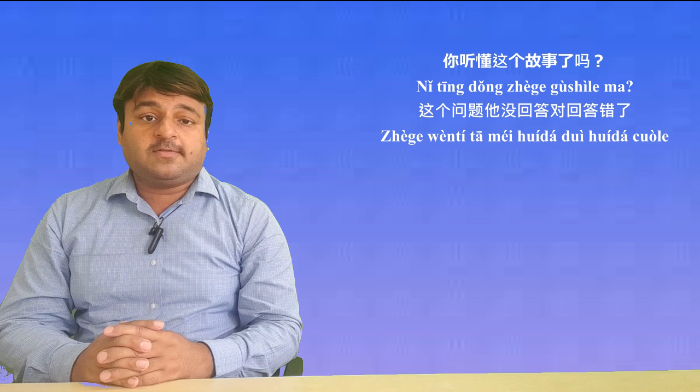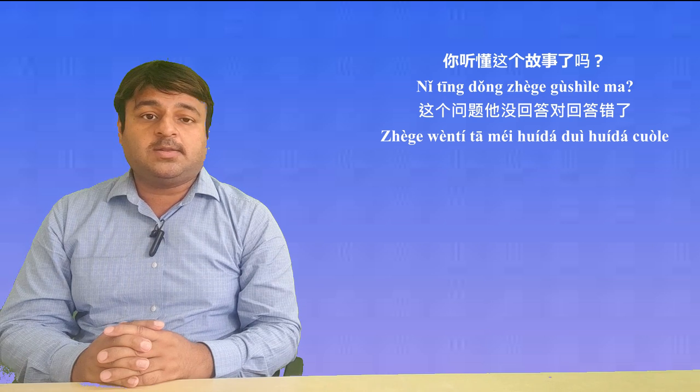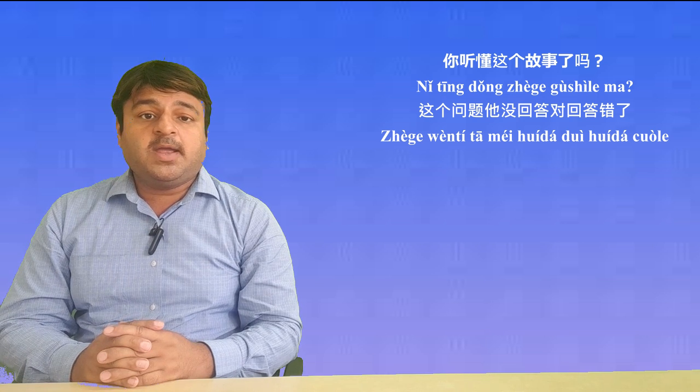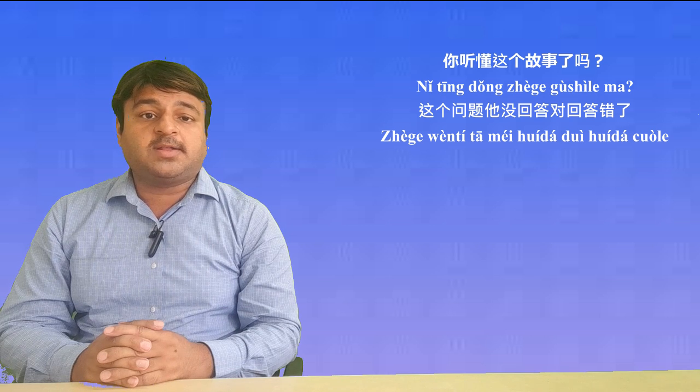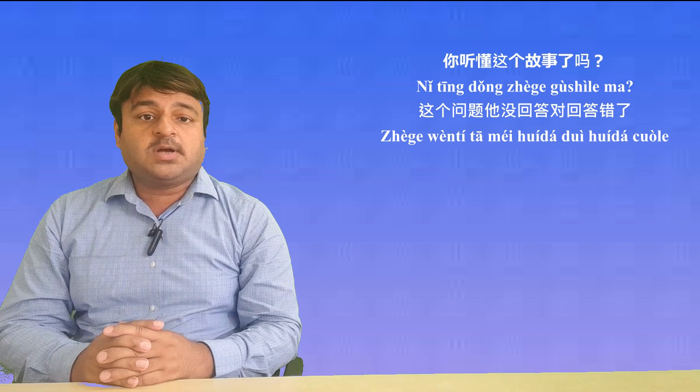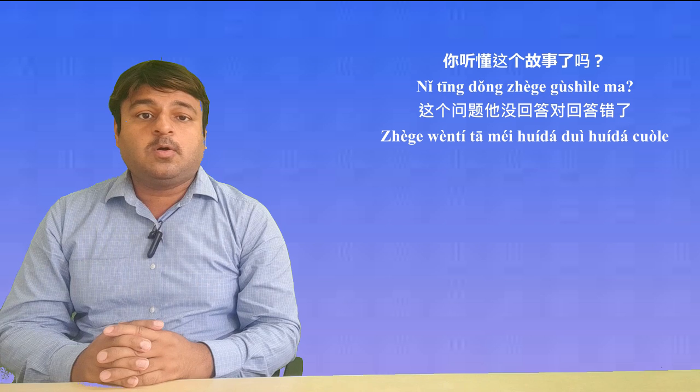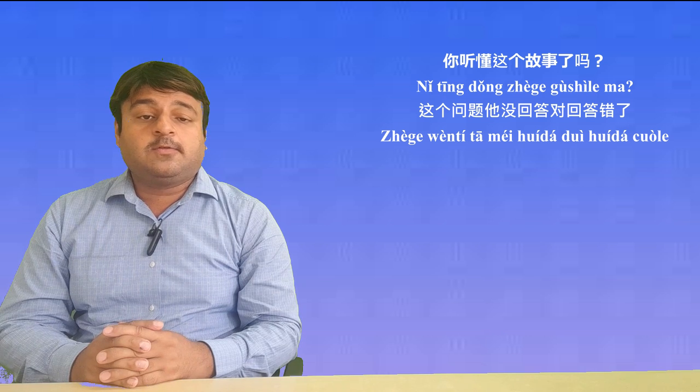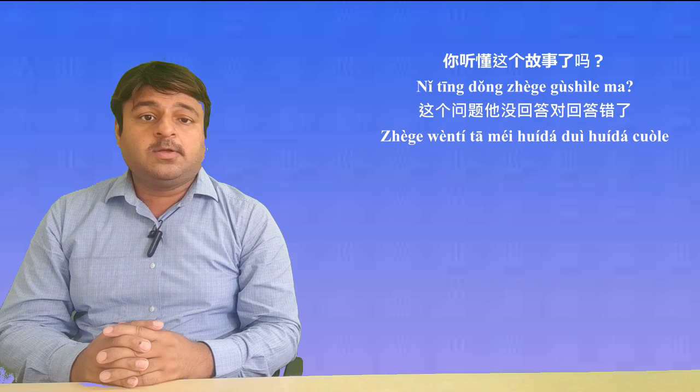Moving on to the next sentence. 这个问题他没回答对，回答错了。这个问题, this question. 回答 is to answer. 对, correct. Notice 对 is an adjective and 回答 is a verb. So a resultative complement can be formed with a verb and another verb, or a verb and an adjective.